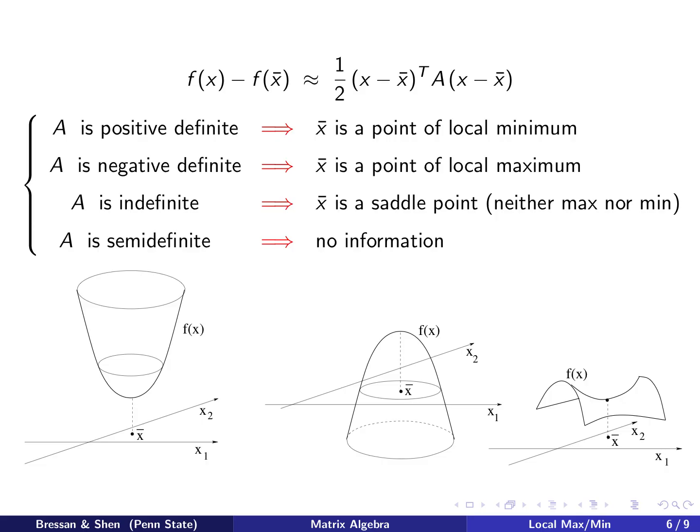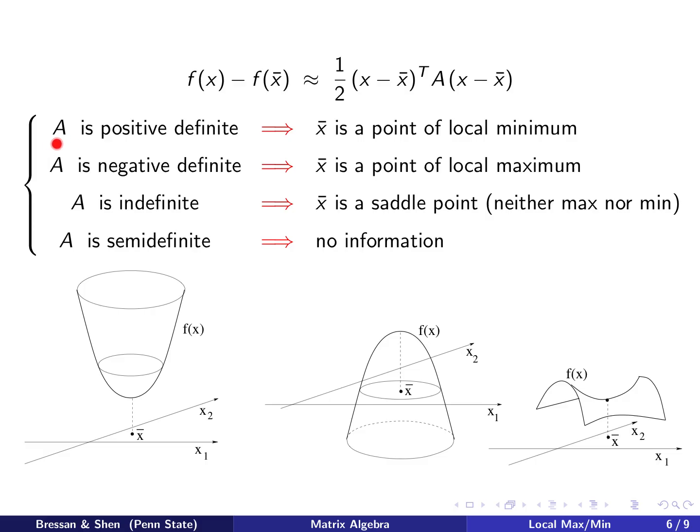Now we have the so-called second derivative test for functions of multiple variables, the corresponding part to functions of a single variable, but here it is a bit different. The A matrix here, you need to check if it's positive definite or negative definite.